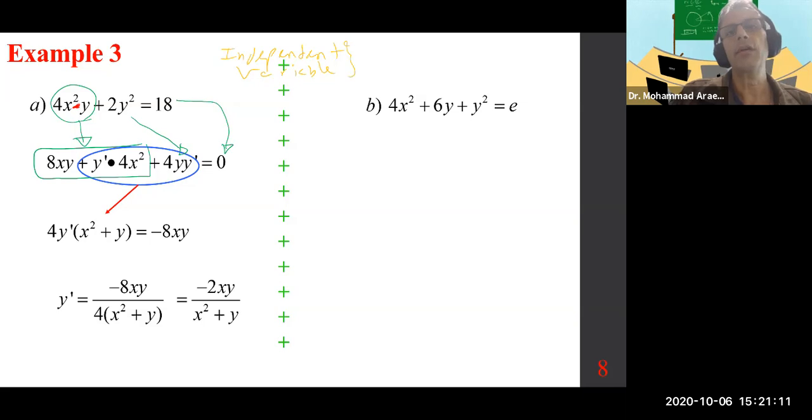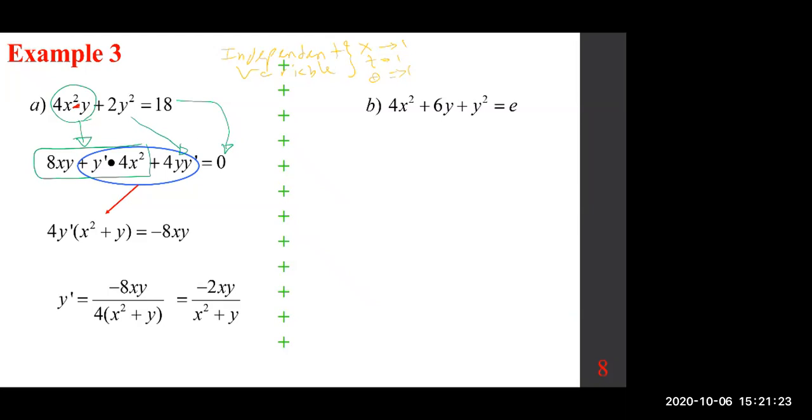If you're taking the derivative of x, the answer is 1. If you're taking the derivative of t, the answer is 1. If you're taking the derivative of theta, the answer is 1, assuming those are the independent variable. If y is an independent variable, it works out the same.